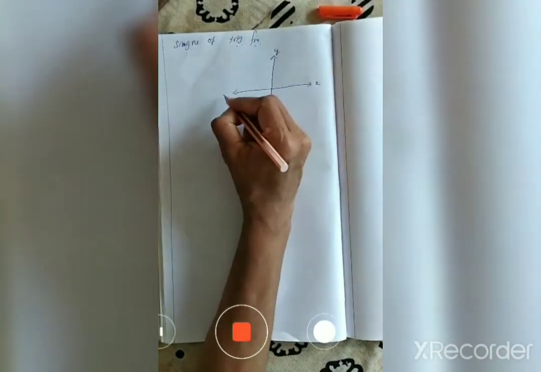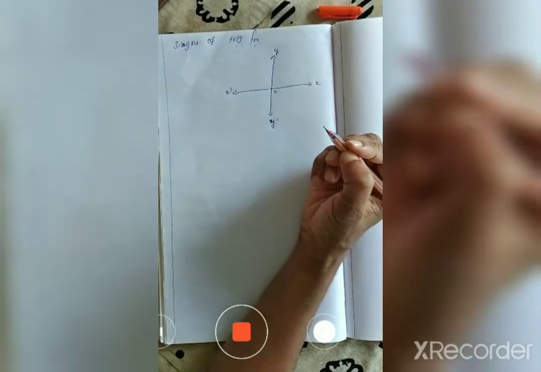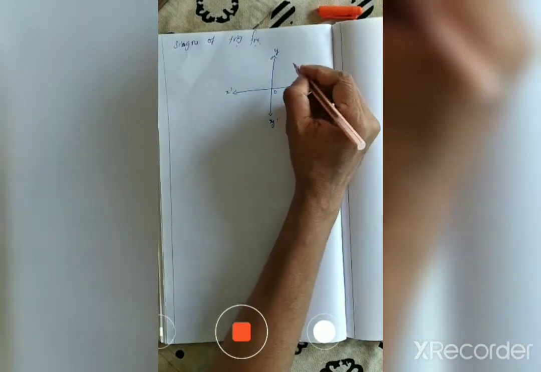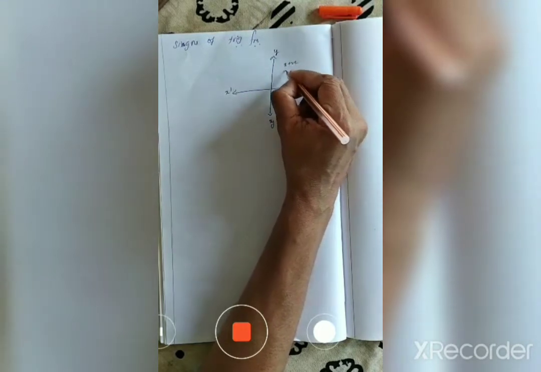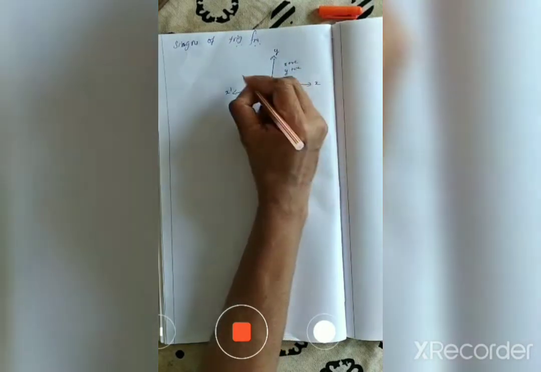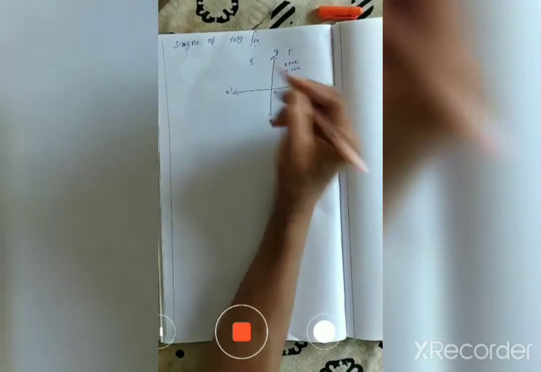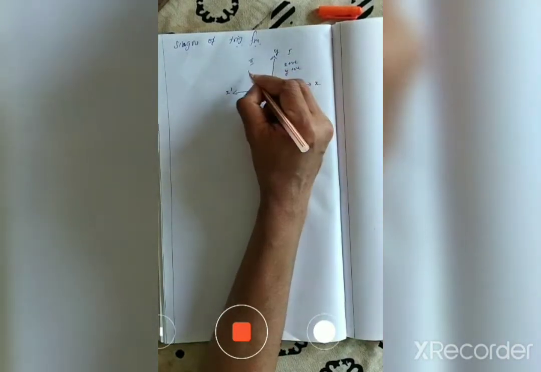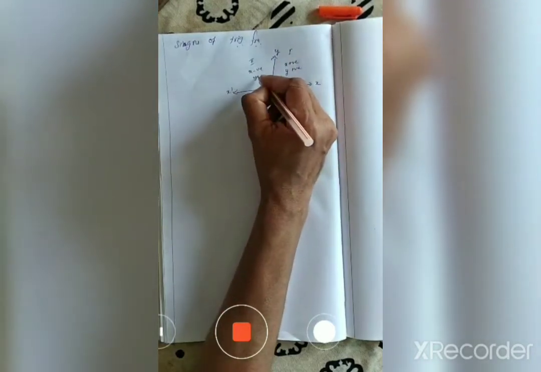This is the coordinate system, origin. As you know, here both x and y are positive. This is the first quadrant and this is the second quadrant. In the second quadrant, x is negative, y is positive.